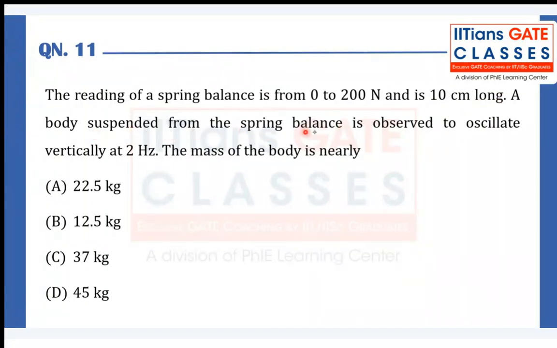A body suspended from the spring balance is observed to oscillate vertically at 2 hertz. The frequency is given. The mass of the body is nearly. So they are asking us to calculate the mass. We know the frequency in hertz is 1 upon 2 pi under root k by m.